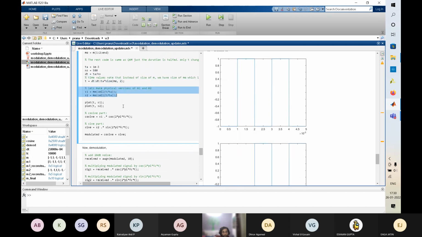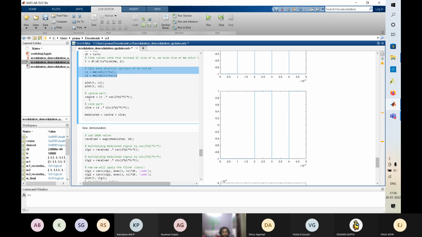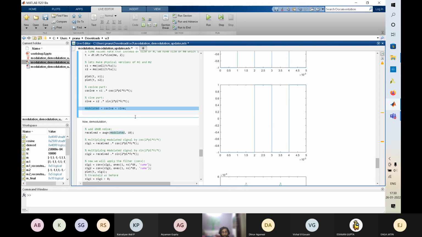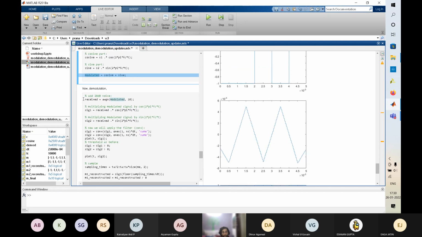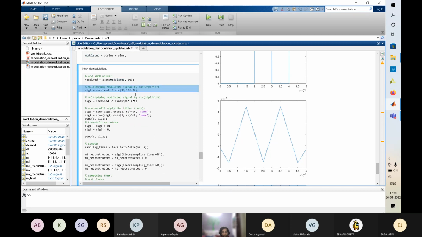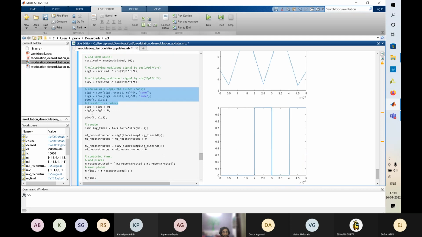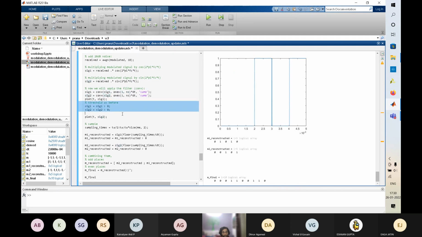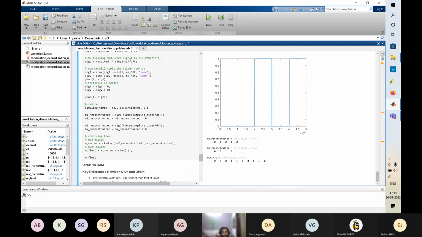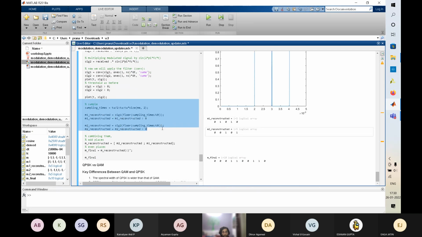Then we modulate it and create the final modulated wave. This is the received signal after adding some noise. Then we try to demodulate the signal, low pass filter, then the decision. After that we reconstruct the previous signal.